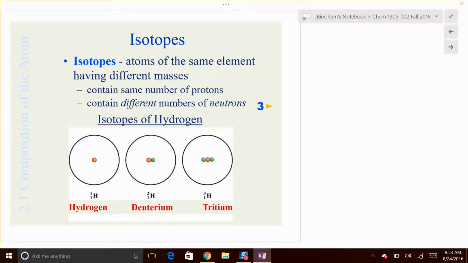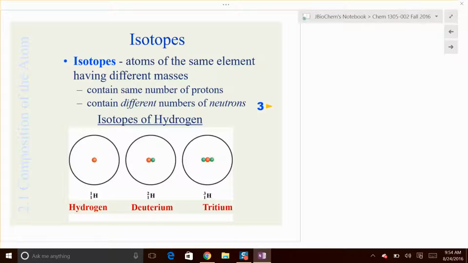So hydrogen. These are 3 different atoms of hydrogen. Each one has a different mass. You have hydrogen that has no neutrons, has a mass of 1. You have hydrogen that has 1 neutron that has a mass of 2. And you have hydrogen with 2 neutrons that has a mass of 3.